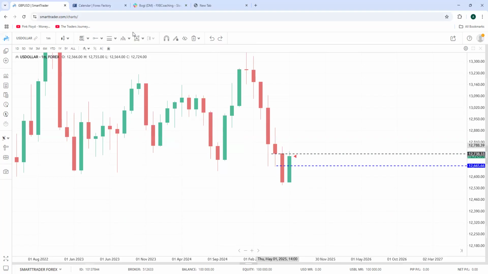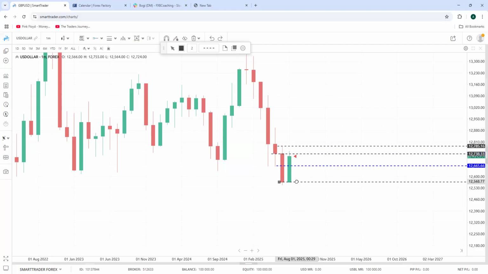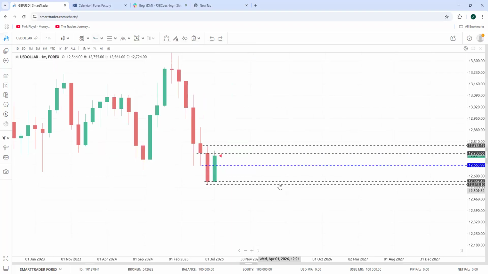And then, of course, we have the previous month's high. So we mark that off as well. And because we're doing that as well, we should mark off the close and open of the last months and previous months. And we're going to mark off the low. So we're going to press this one here.